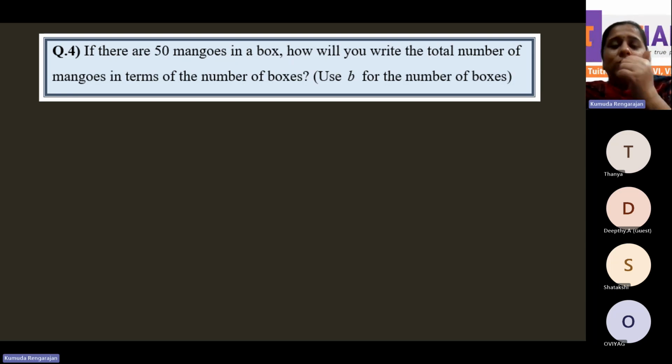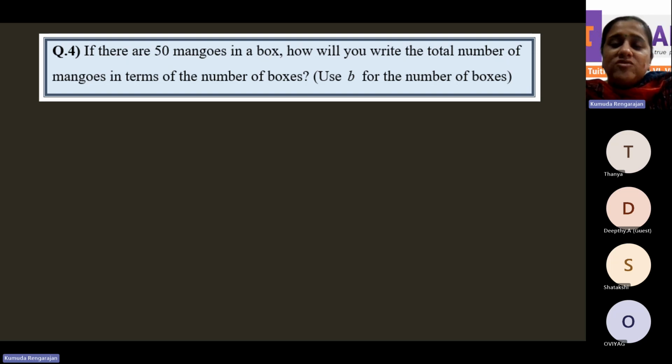So one box has how many mangoes? 50 mangoes. 3 boxes will have 3 into 50 or 50 into 3, 150. Correct. One box, 50 mangoes. 3 boxes, 50 into 3. 10 boxes, 50 into 10. Then B boxes, 50 into B, because you don't know the number of boxes.